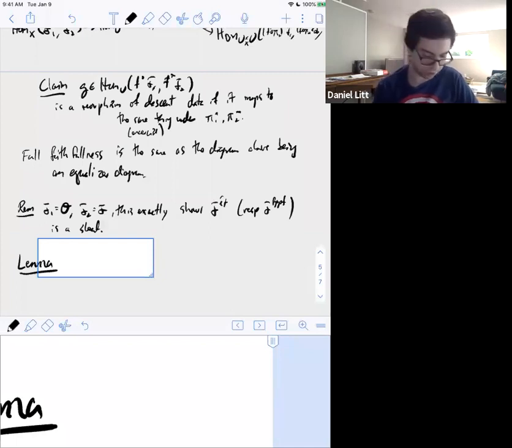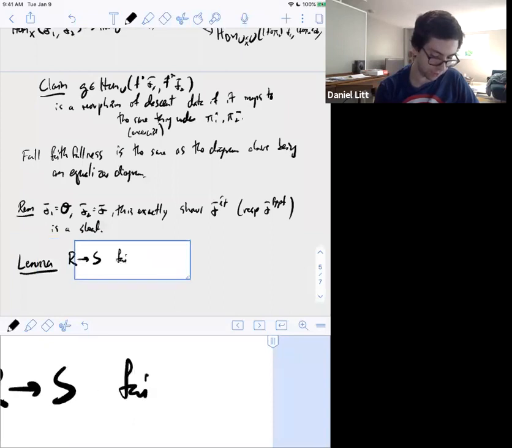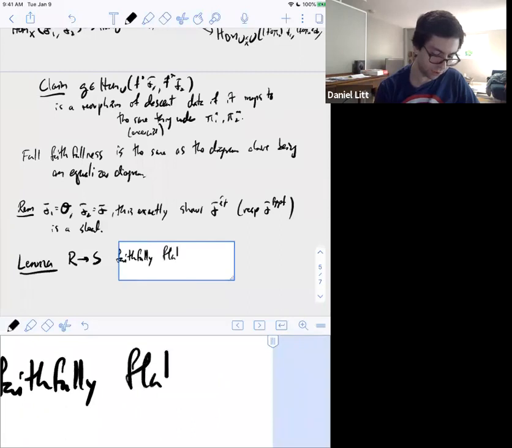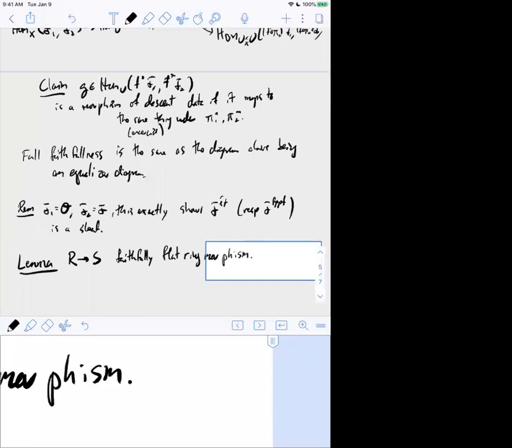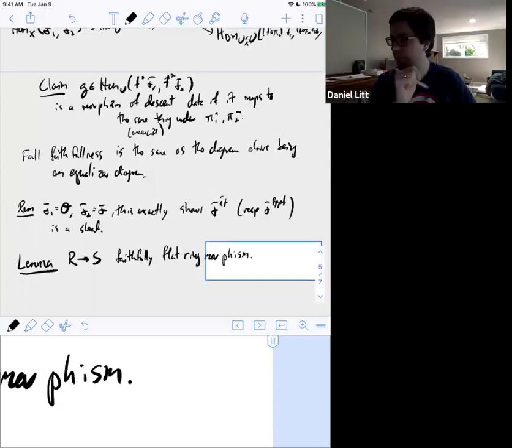Suppose R to S is a faithfully flat ring morphism. Faithfully flat just means it's flat, and the morphism on specs is surjective.